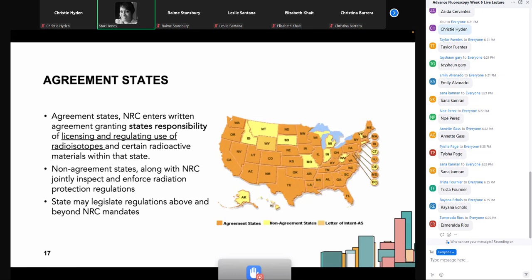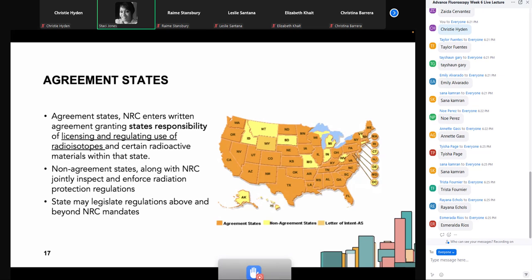So they have an agreement with the NRC that the state handles the licensing and regulatory parts for the radioisotopes and other radioactive material. Then you have the non-agreement states, which are fewer states, but they're the lighter yellow states. And they work along with the NRC to inspect and enforce radiation protection guidelines.